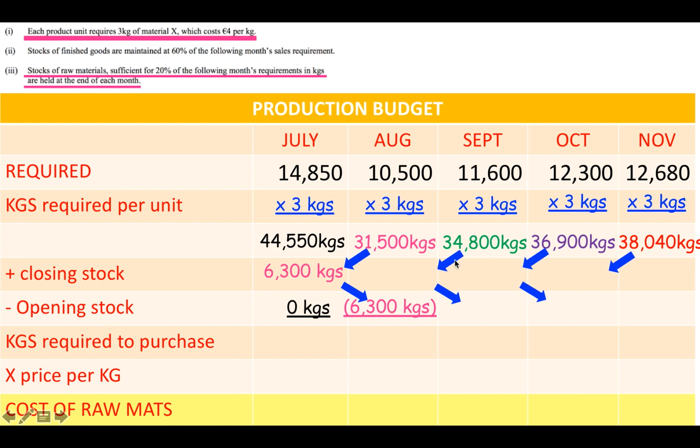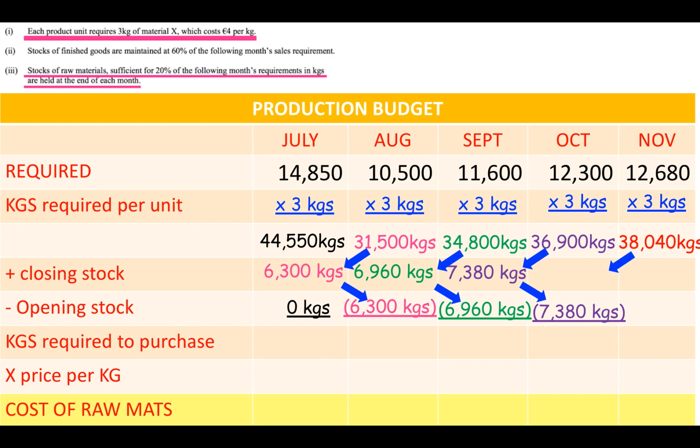34,800 multiplied by 20% is equal to 6,960 kgs, which is going to be our closing stock in August, and that is going to be our opening stock in September. October's requirements there, 36,900 kgs multiplied by 20% is 7,380 kilograms, which needs to be the closing stock there for September.